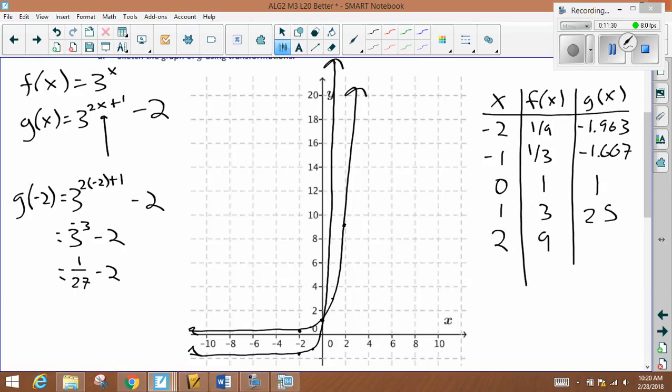And that's a good thing to write. See that happening? As our x values get more negative, our y values get closer and closer and closer to -2. Is that the situation just for this particular situation?